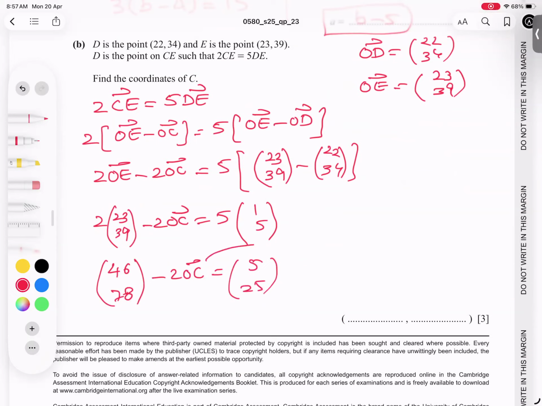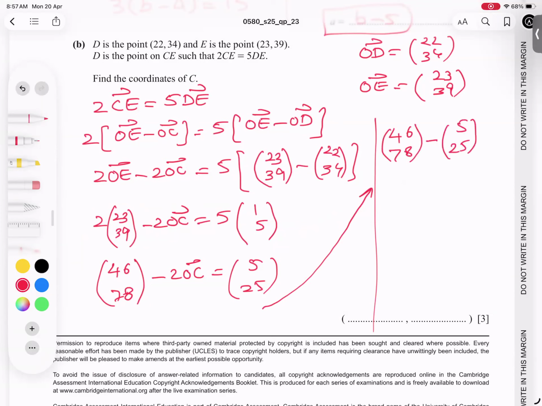So I will bring this on the other side and this on this side. So what I'm going to write now here: 46 and 78, minus 5 and 25, equals 2 OC. So 46, 5 gone.